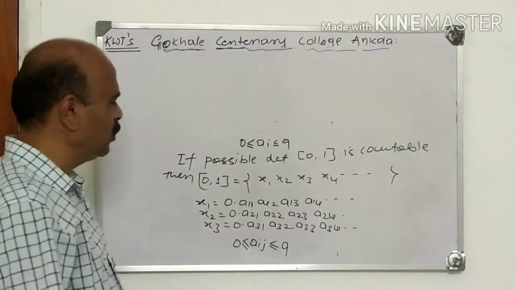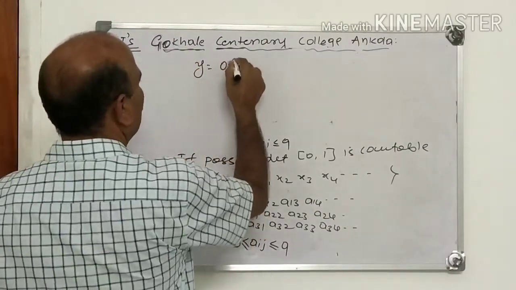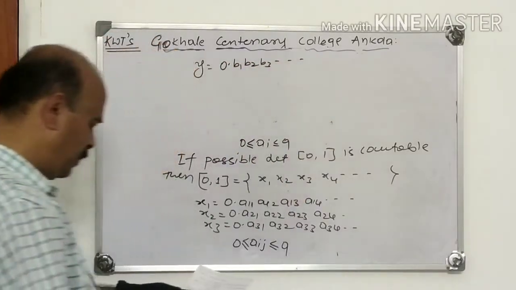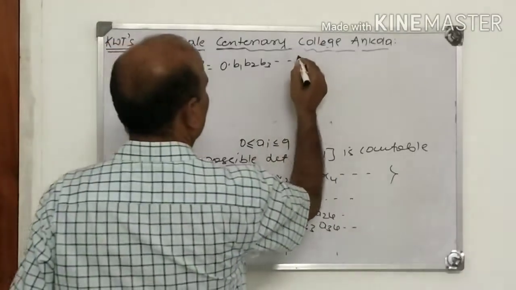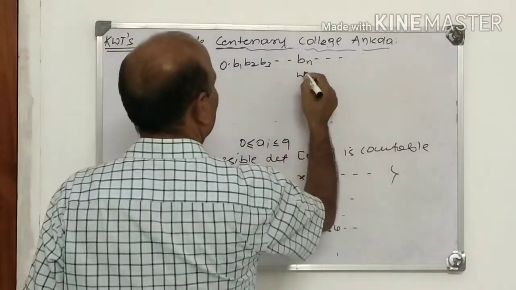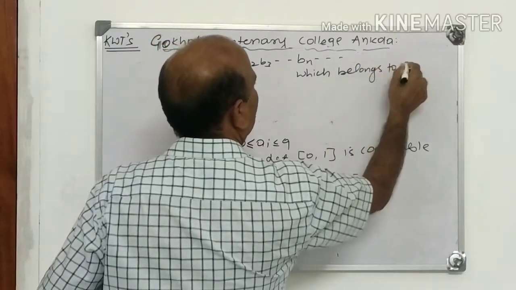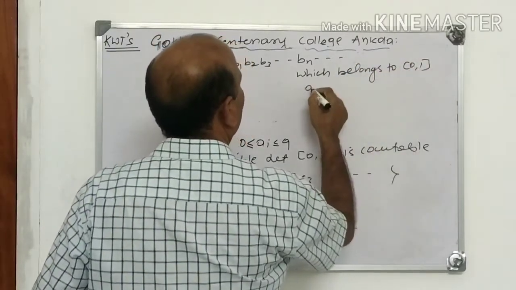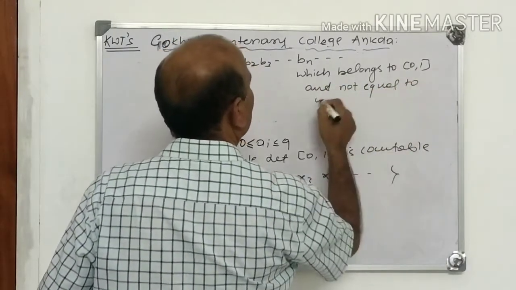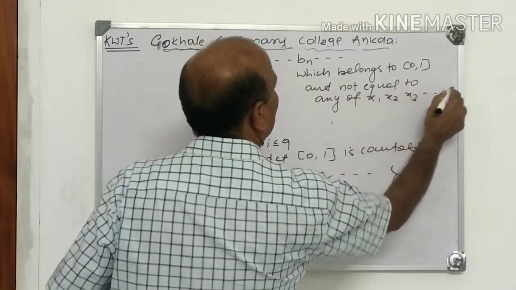Now what we prove is there exists an element y equal to point b1, b2, b3 and so on, bn and so on, which belongs to 0 1 and is not equal to any of x1, x2, x3 and so on.